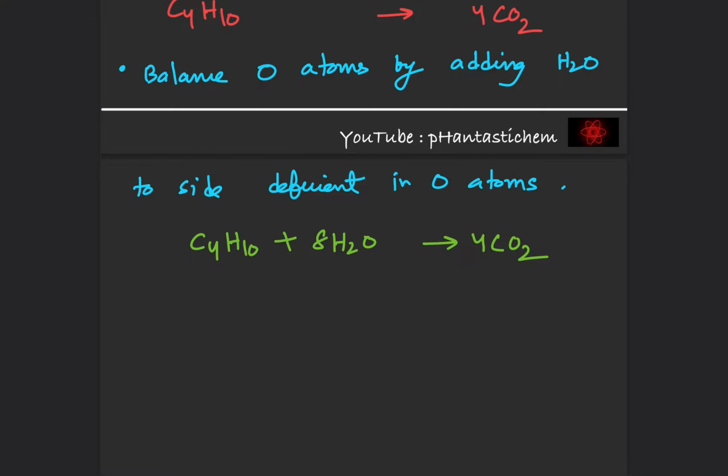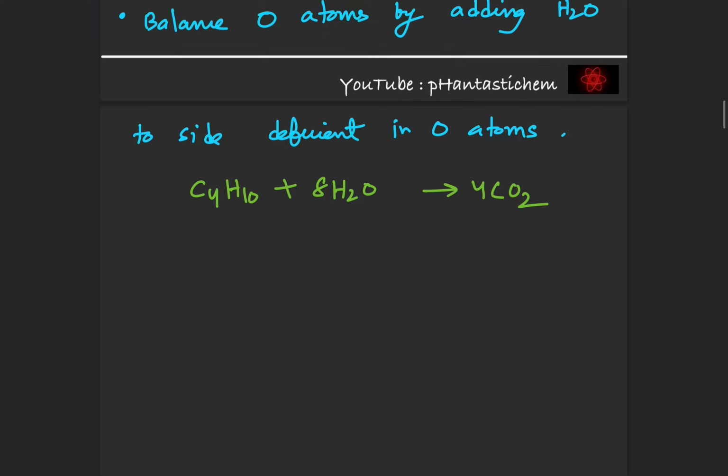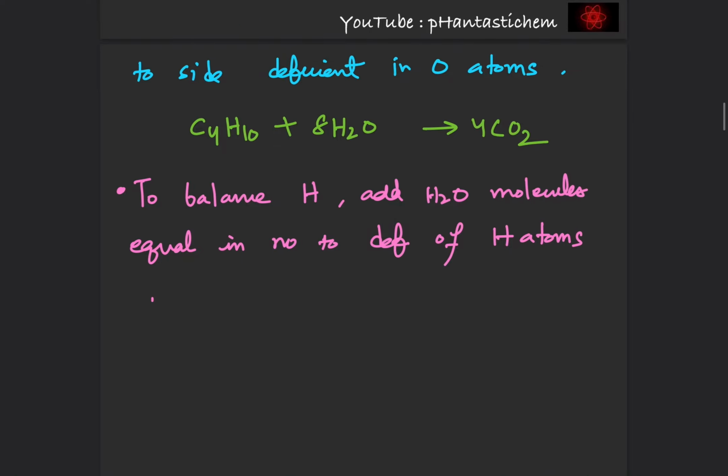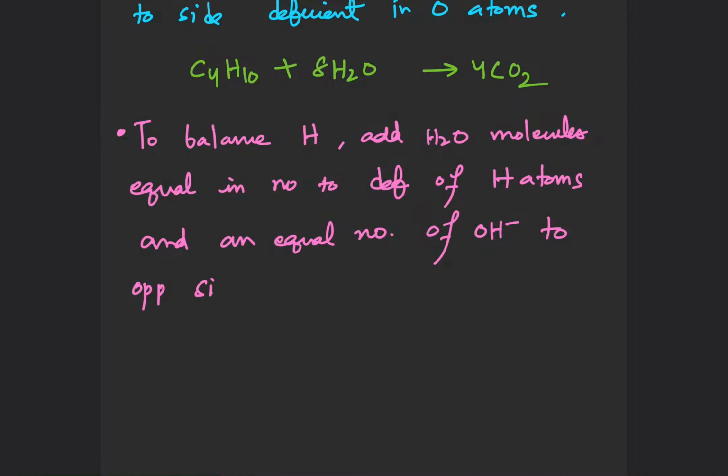Then to balance hydrogen, add H2O molecules equal in number to the deficiency of H atoms and then an equal number of OH minus to the opposite side of the equation. Very important, these are basic conditions.